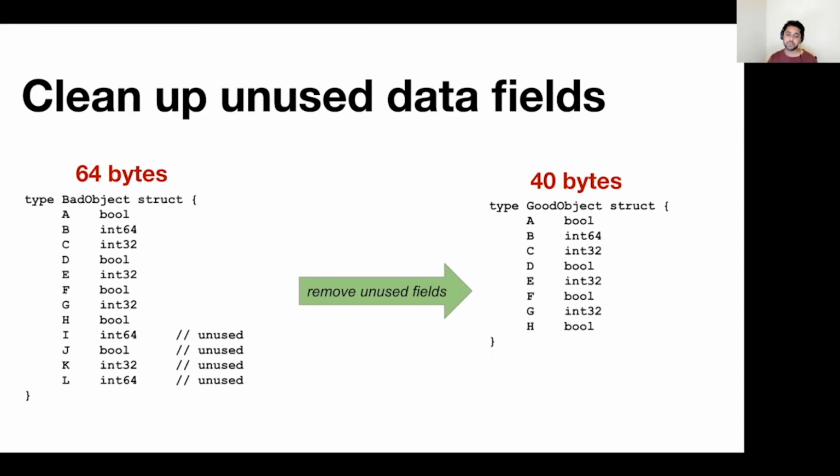Removing such a field should be a no-op. By removing these fields, we lower the program's memory usage and also have the added benefit of making the code more readable and easy to understand for future users. So here we can see that by removing 4 of our fields, we're able to reduce the size of our object from 64 to 40 bytes. And as you can imagine, if you have a large number of objects that you're storing, this could be a very significant optimization.